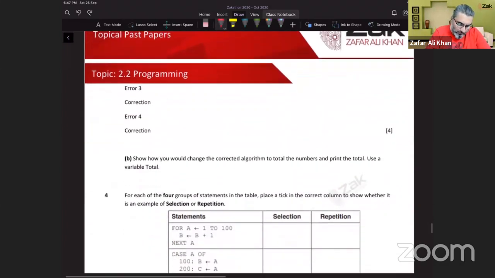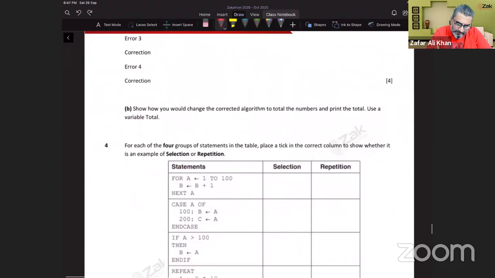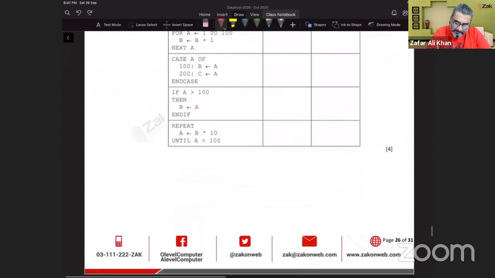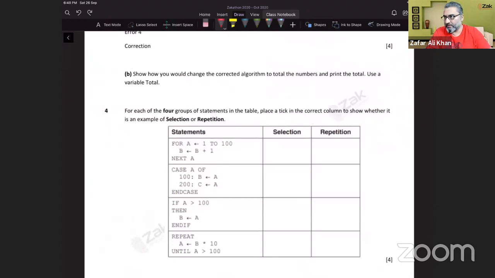For each of the 4 groups of statements in the table, place a tick in the correct column to show whether it is an example of selection or repetition. Selection is if, rest, and case. Sorry, if and case are selection and rest are repetition, means loops. So this is loop, this is selection, this is selection, this is loop.